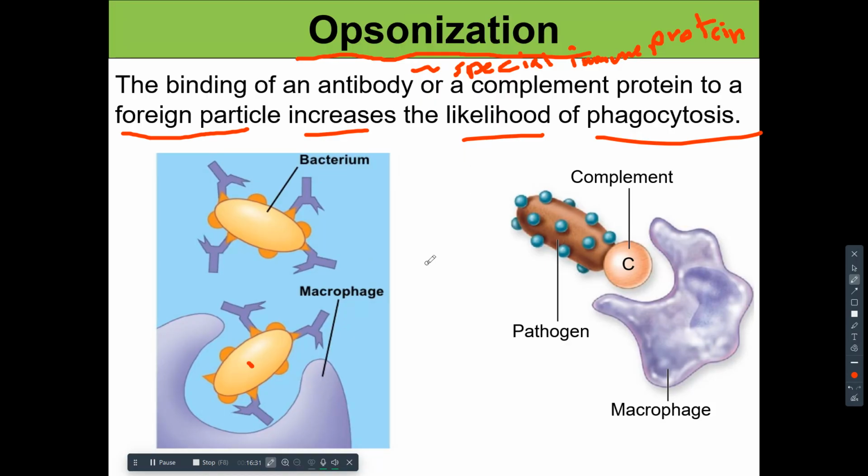Anyhow, the word opsonization literally means to make tasty, and what's being made tasty is the pathogen, the bacterium. What's making it tasty is the antibody or the complement protein. And because they're tastier, the macrophage is more likely to eat it. So when we do talk about antibodies, we will come back to this idea of opsonization.